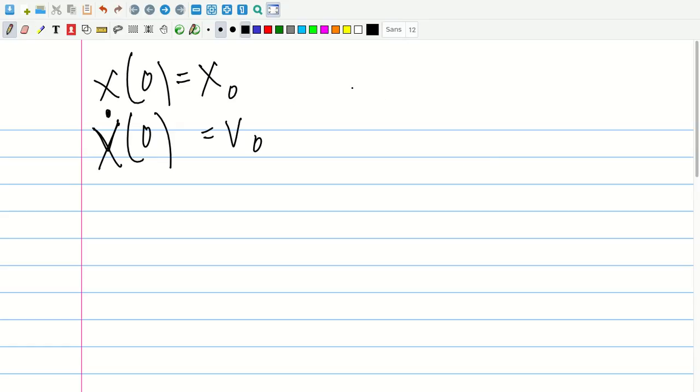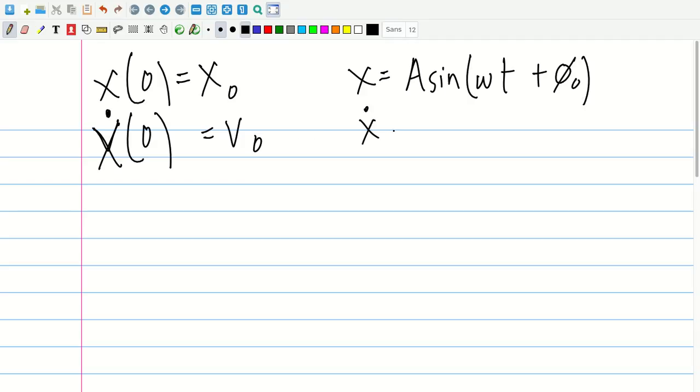Well, x was A sine of omega t plus phi 0. When you take one derivative with respect to time, x dot ends up being omega A cosine of omega t plus phi 0.